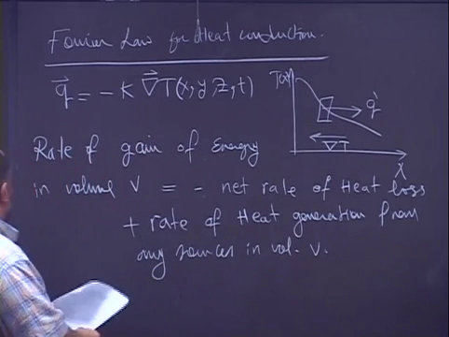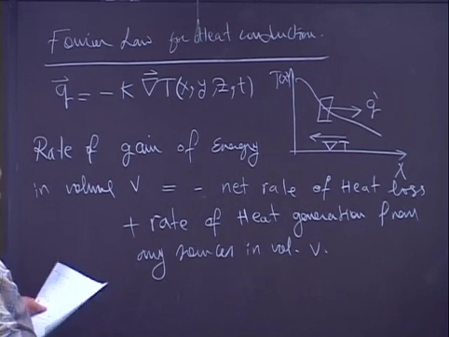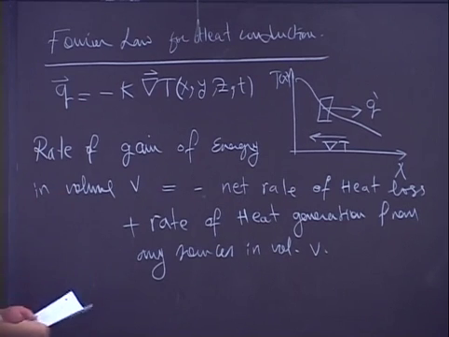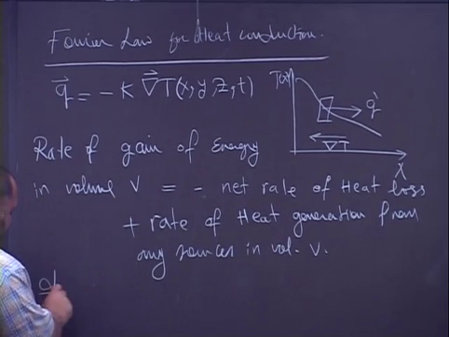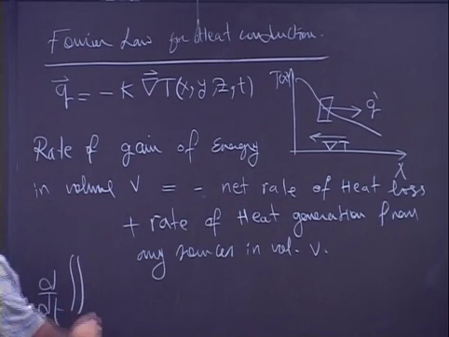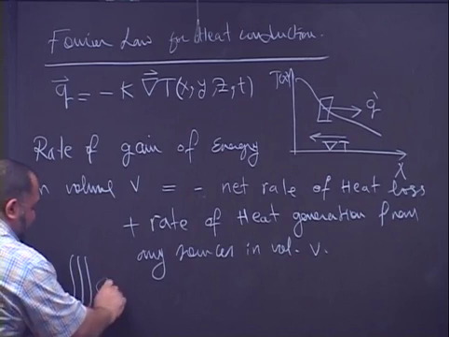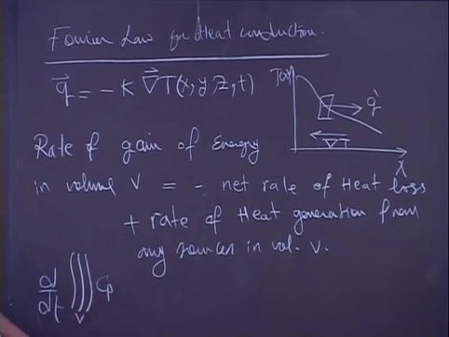So if you have any heat source here like a heater, and then you have refrigeration inside to cool down, the net rate of heat losses will be heat losses to the environment, for example, and the sources of heat inside. How do we write it in this format? The time rate of energy gain inside the volume, so we have to integrate over the volume, and this is Cp, which is what?